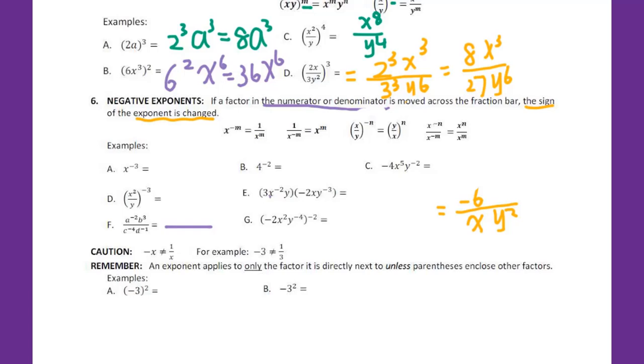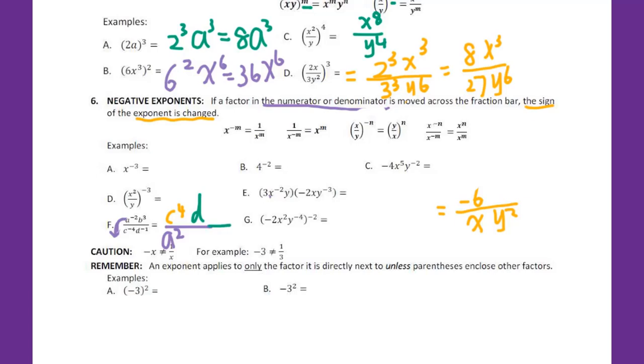For number f, first of all, we just check which variable has negative exponents. For a, you will drop down. So you will get a squared. For c, you go up. You will get c to the fourth power. Then for d, you will go up, d to the first power.